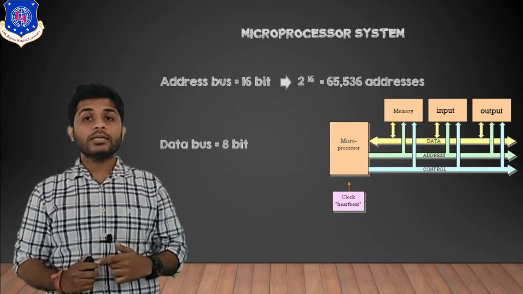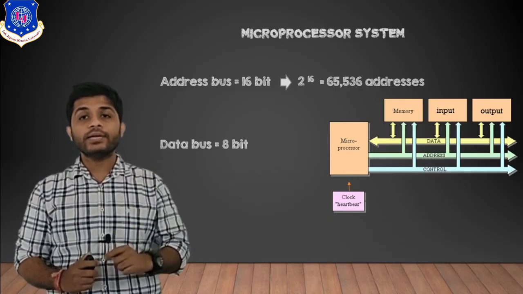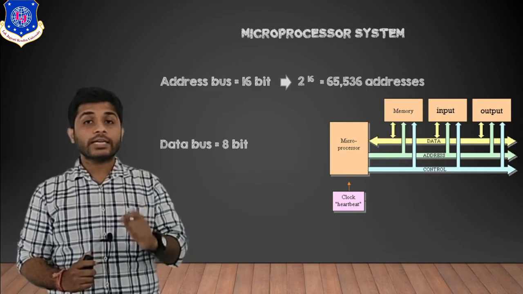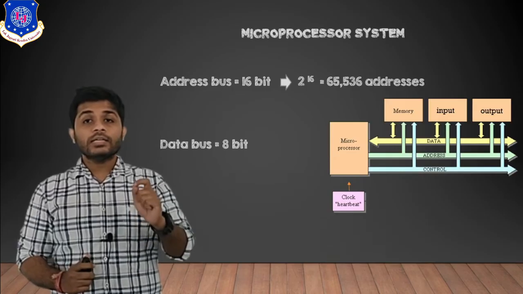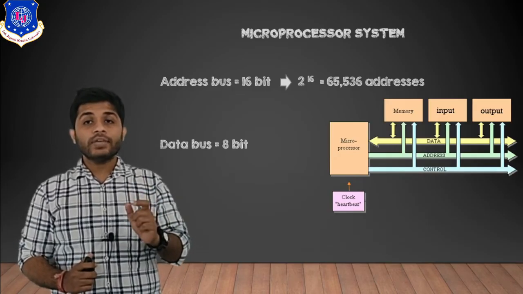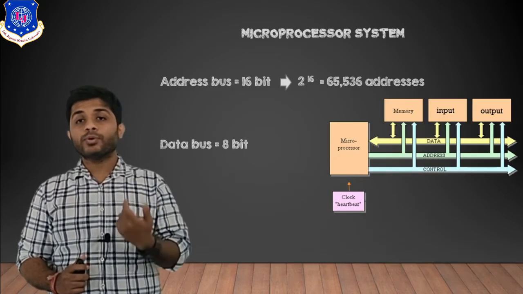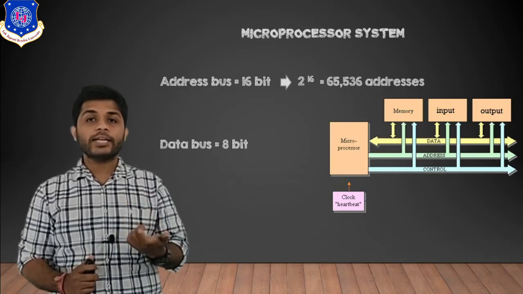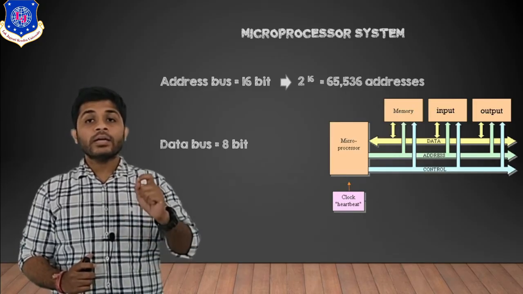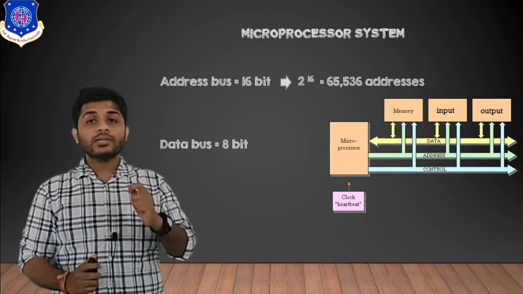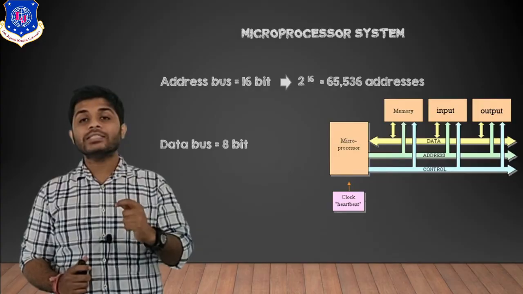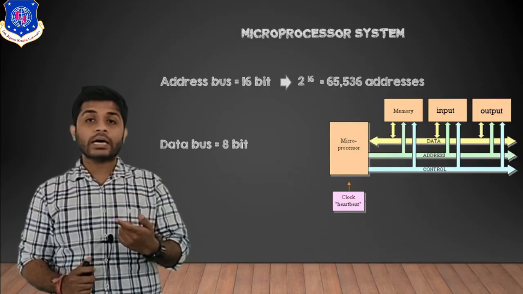The next bus is the data bus, and for the 8085, the size of the data bus is 8-bit. You can see that the data bus has an arrow at both sides. It means the data bus is bidirectional. And because the size of the data bus is 8-bit, the microprocessor 8085 can send and receive 8 bits of data at a time.